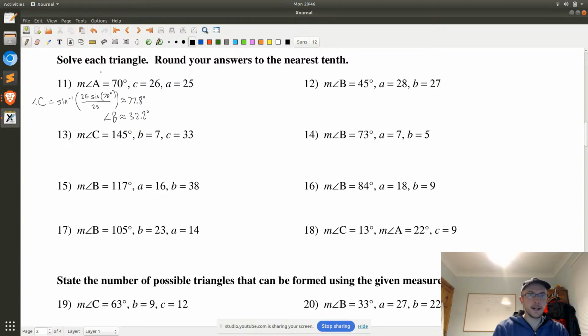Now you have angle A, C, and B, but we've only got sides C and A. So how to get side B? Well, side B over the sine of that angle right there is equal to 25 over the sine of 70.